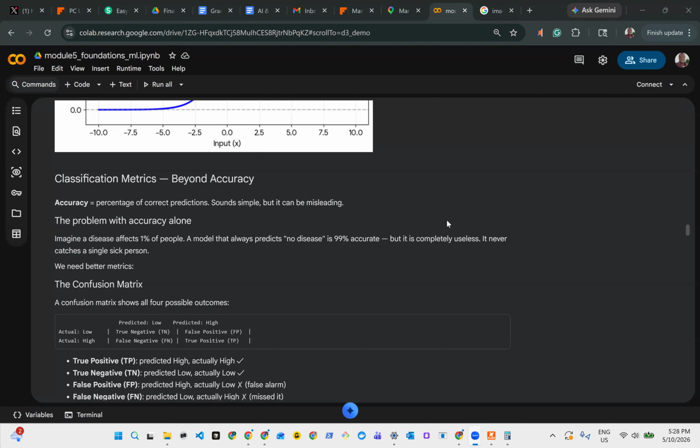So that is what we mean by accuracy as a metric. But that is not enough, especially when your data is not balanced. It's imbalanced data.